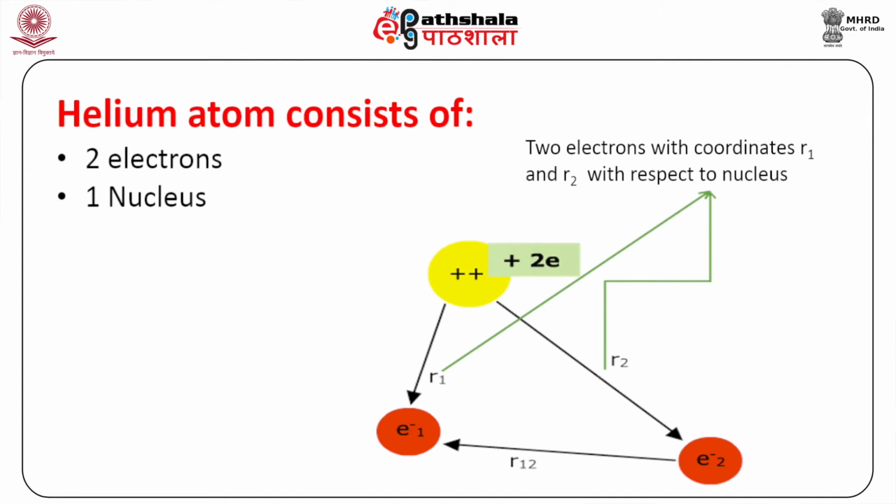The helium atom has two electrons with coordinates r1 and r2 with respect to nucleus, which carries plus 2e charge, that is Z is equal to 2.